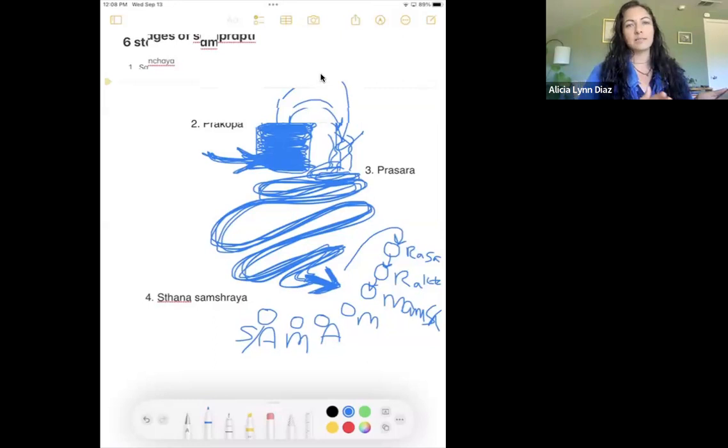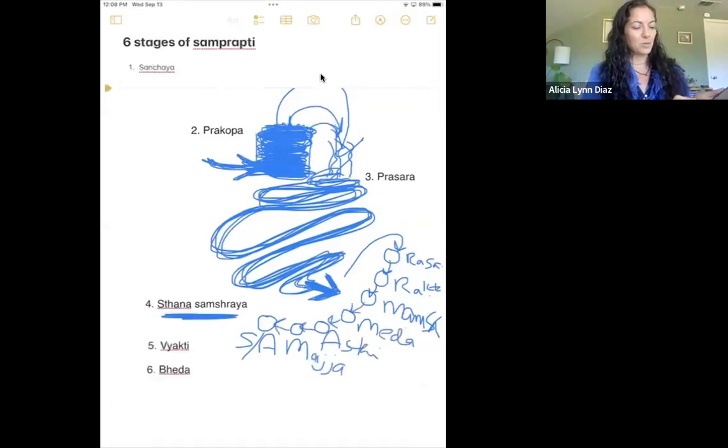So we have Vata, we defined Ama, some define Ama as excessive dosha dushti. So we can also look at Vata going through Sanchaya, Prakopa, Prasara, Sthana Samshraya, Vyakti, Bheda. And then depending on which tissue excess Vata is in, it'll create a whole slew of symptoms.